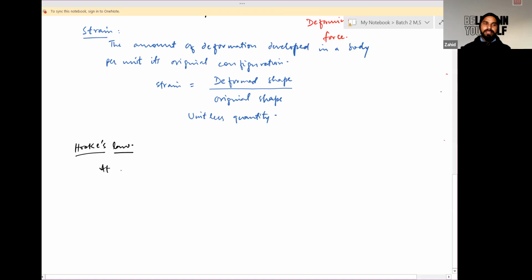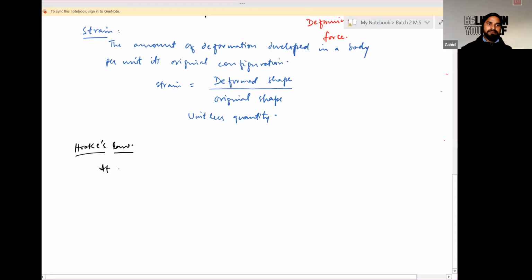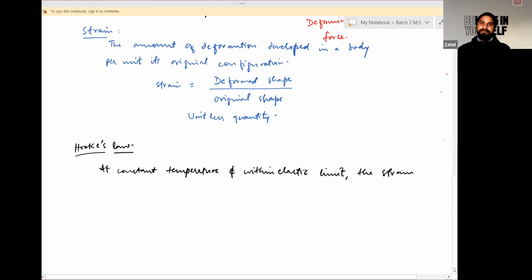If temperature is constant, so let's say at constant temperature and within elastic limit, the strain produced in a body is directly proportional to the stress applied.